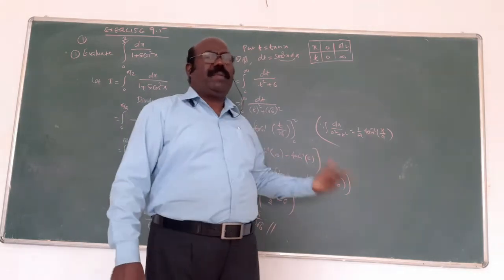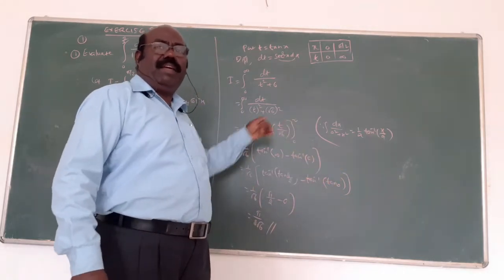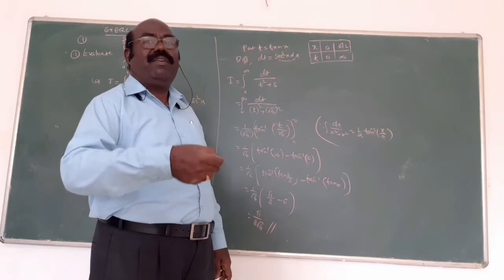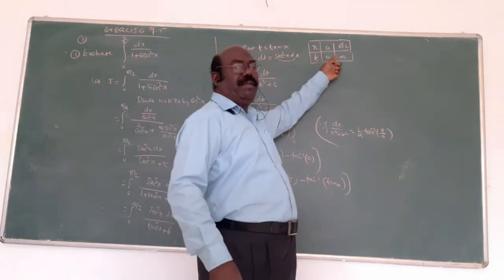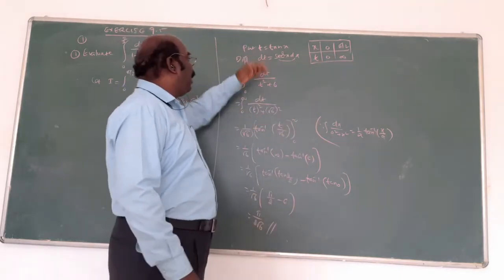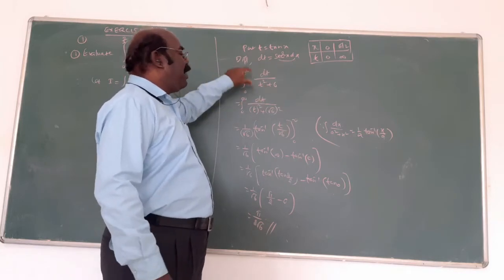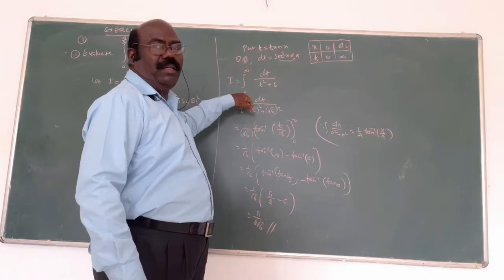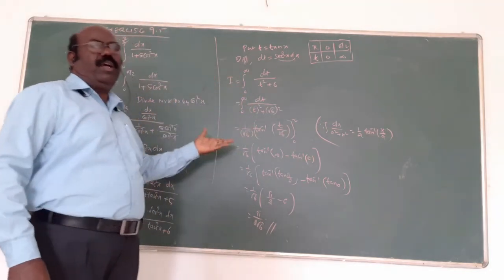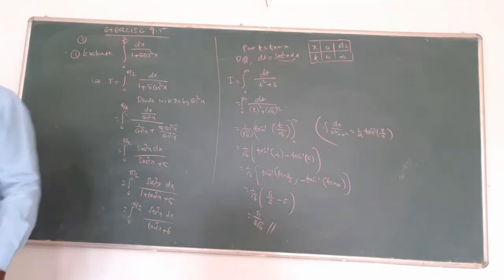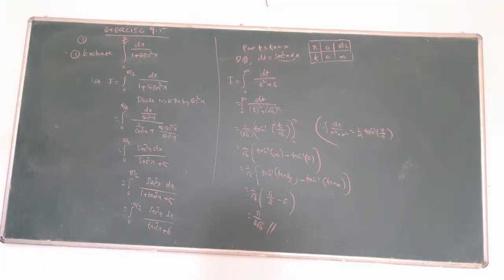By using the substitution method, x converts to the t variable, and the limit also converts to t. Now everything is in t, so it is in integral form. By using the formula, then applying the upper and lower limits, after simplification we get the answer 5 divided by 2 root 6. 5 divided by 2 into root 6 is the answer.